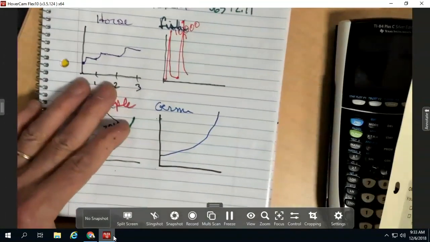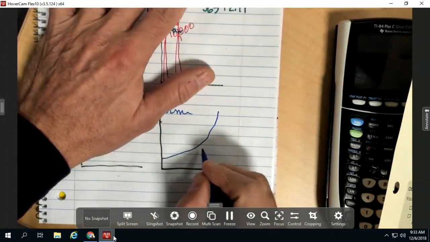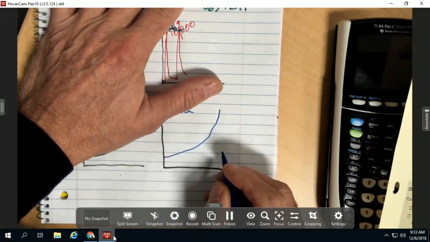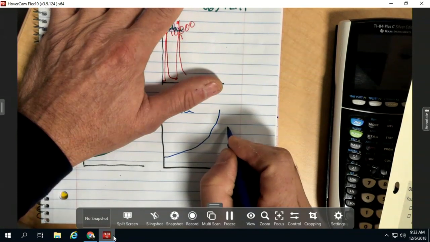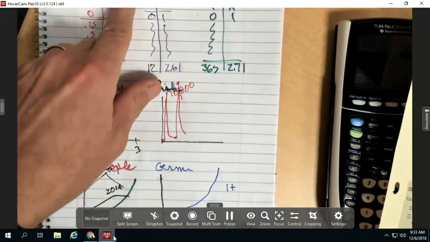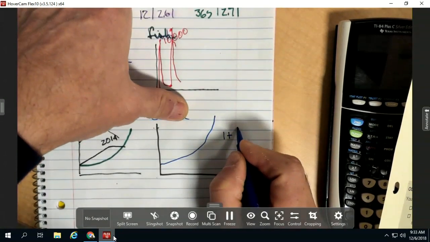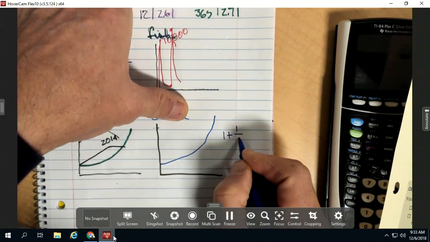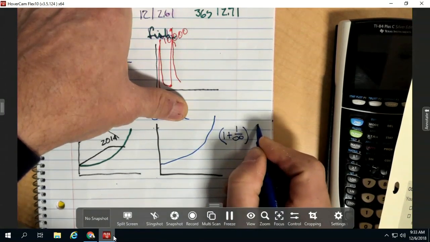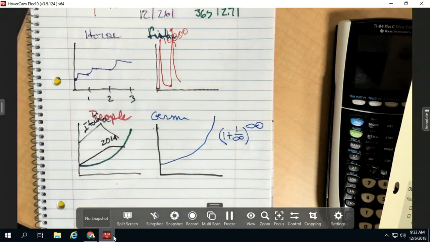Here's what they're saying. In this kind of a function that we've got here, we're taking 1 plus, remember how we were doing? 1 plus 1 over infinity to the infinity.